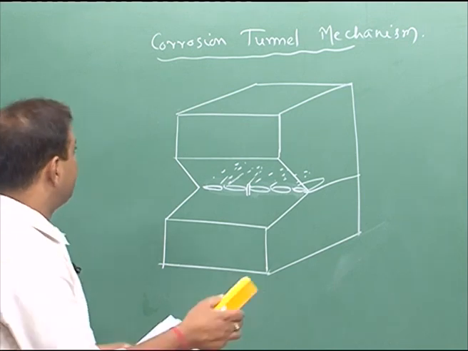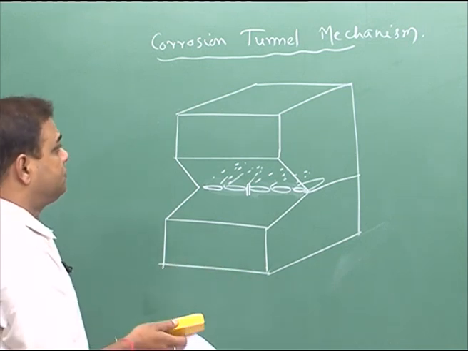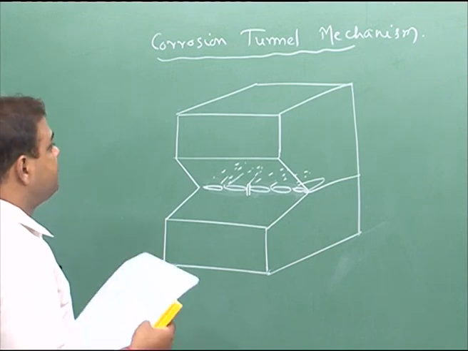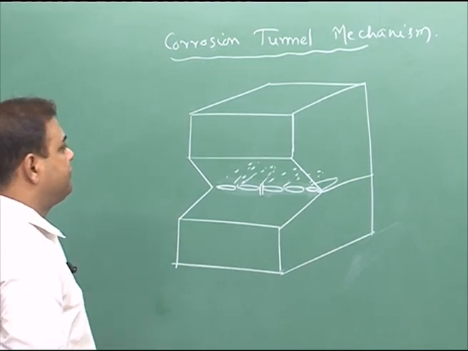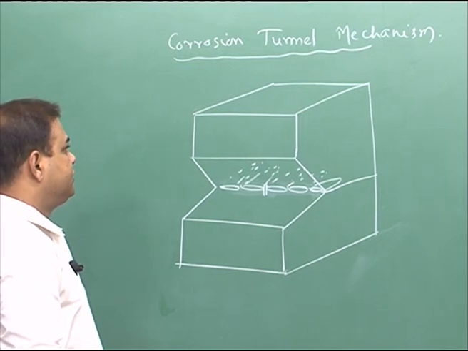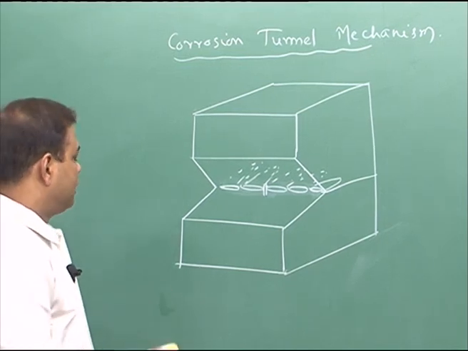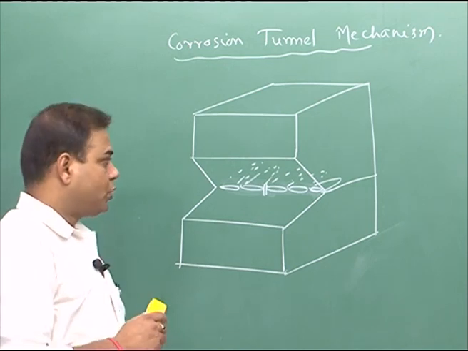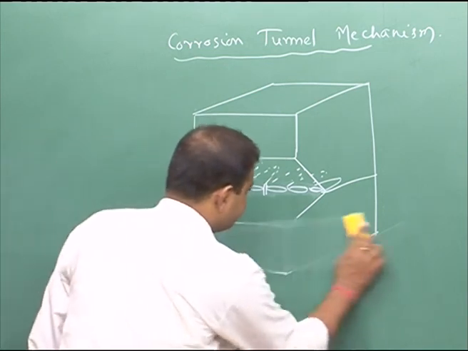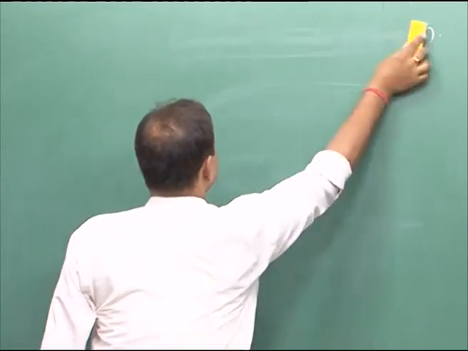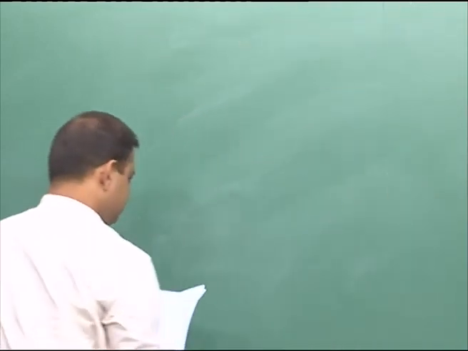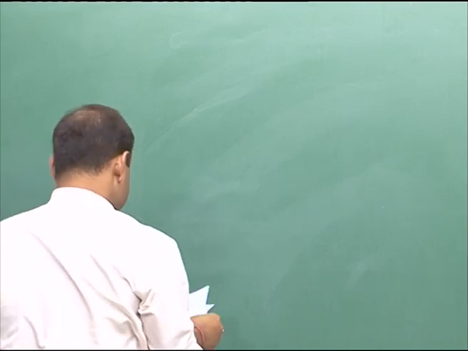Now, there are three main mechanisms by which you can have SCC cracking, where the dissolution would control the initiation as well as the growth. Now, we have another broad mechanism, which is called the cleavage control mechanism.